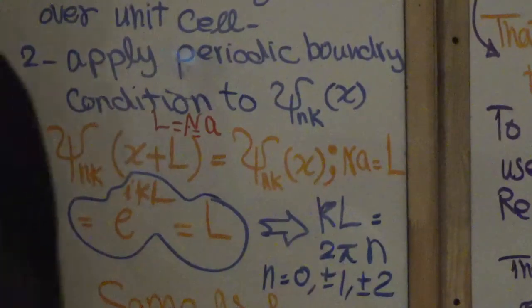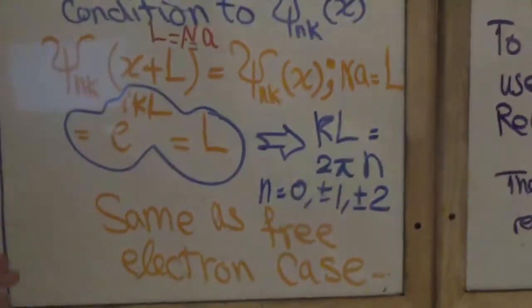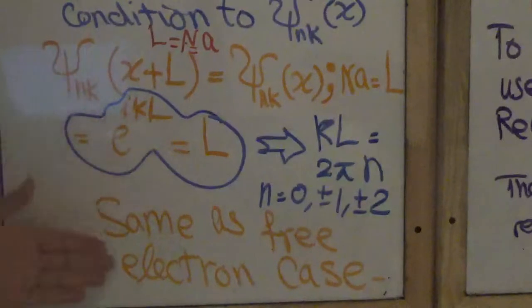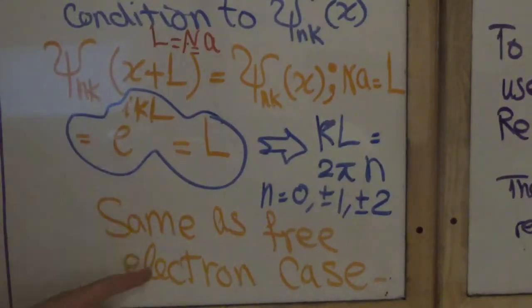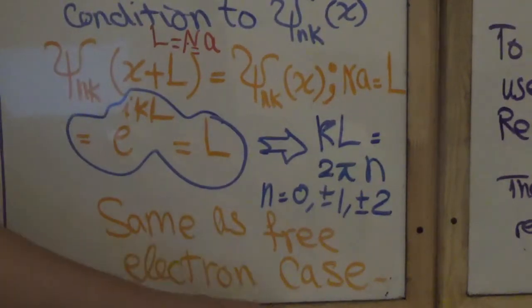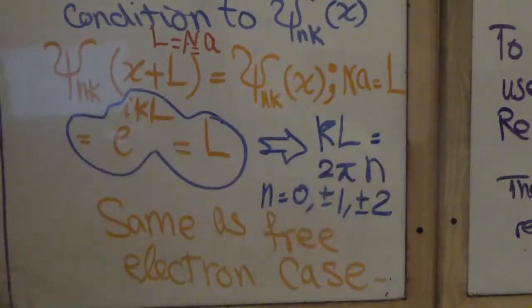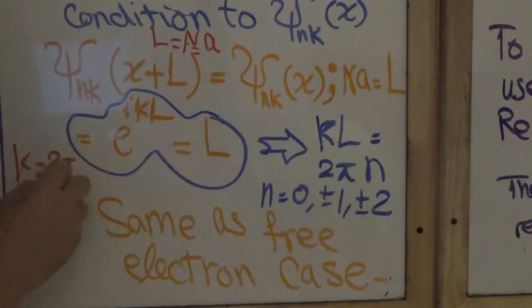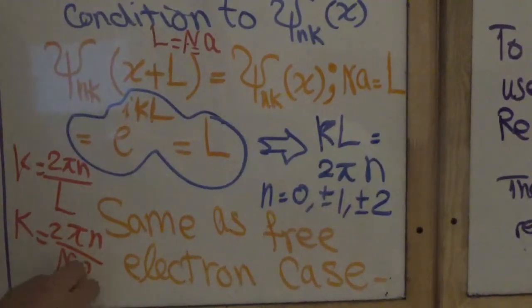Again, guys, if you focus on what we have from the Bloch wave function, you will see that we got the same thing that we got from the free electron case. So you can see that kL is equal to 2 pi n, and again k is equal to 2 pi n over L, or k is equal to 2 pi n over Na.